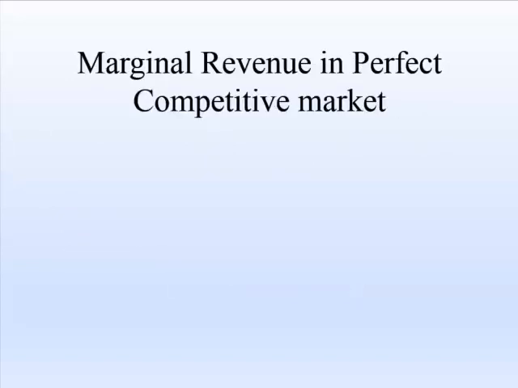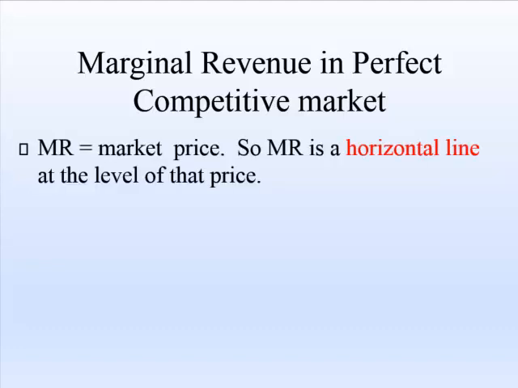So what will be the marginal revenue in a perfectly competitive market? See, since you cannot change the price, the price will remain the same, and when the price remains the same, marginal revenue will be the same as the price, because every time you will get the same return on an additional unit of the output sold.